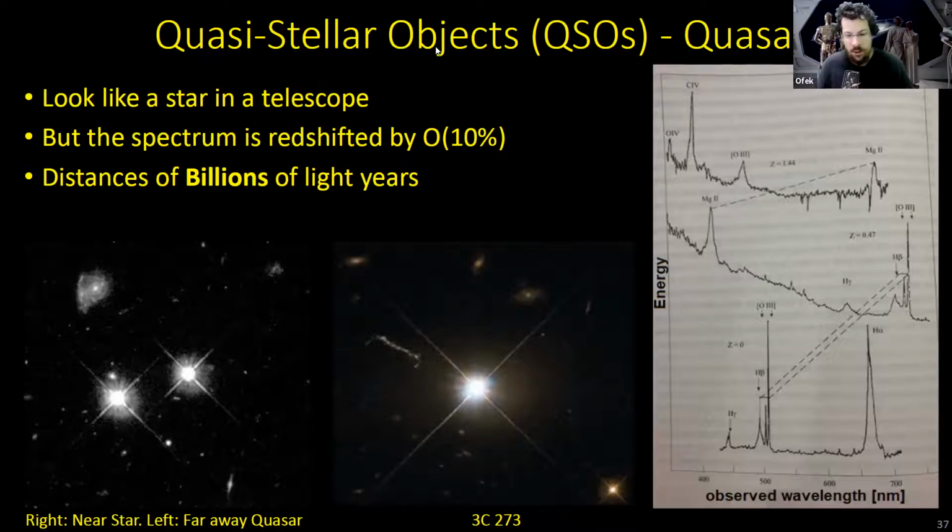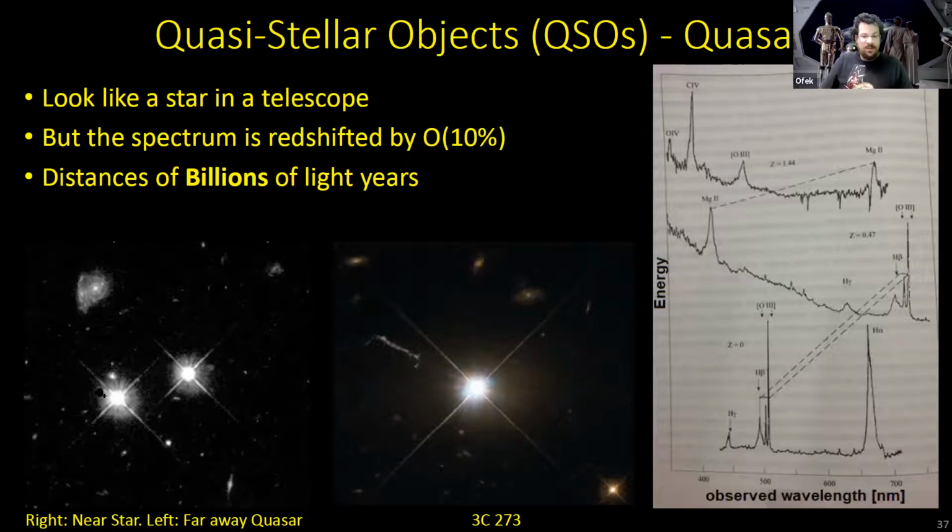In this case, we have an image on the left bottom of two objects close to each other, or on the sky they appear close to each other, except that the right one is a star nearby, and we can analyze the star by analyzing the spectrum, looking for the familiar spectral lines of various elements, calculating the temperature and doing all those measurements that we know, and realize that it's in fact a star.